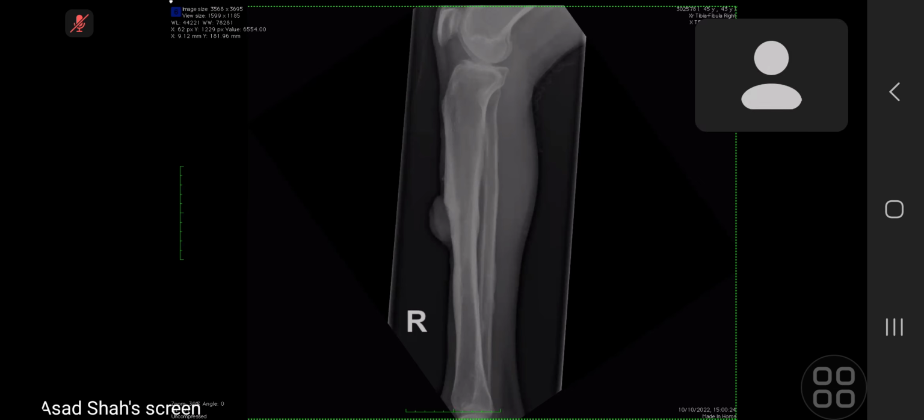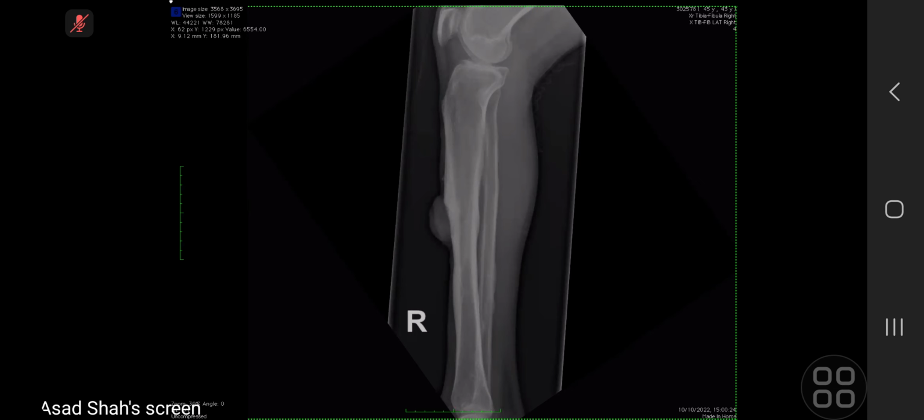Well, I am provided with an X-ray of the right tibia and fibula, lateral projection. There is an abnormal soft tissue density mass in the anterior aspect of the tibial diaphysis. It is causing mild sclerosis or mild erosion of the underlying bone.